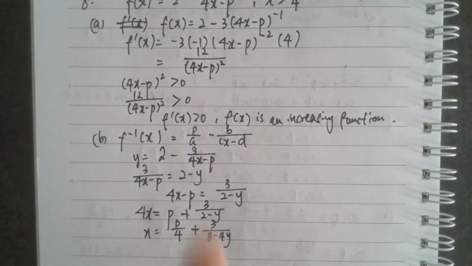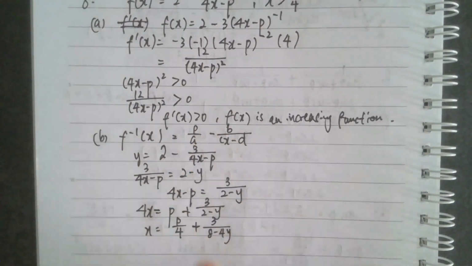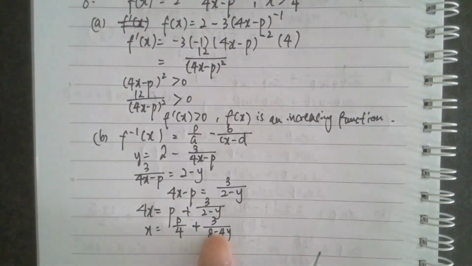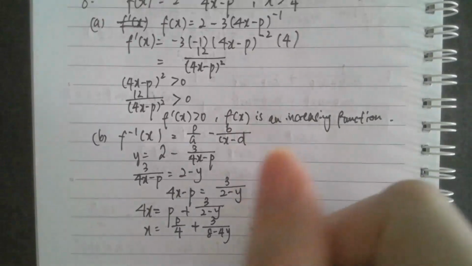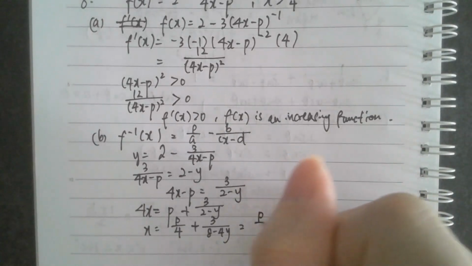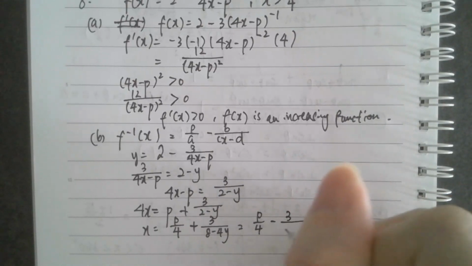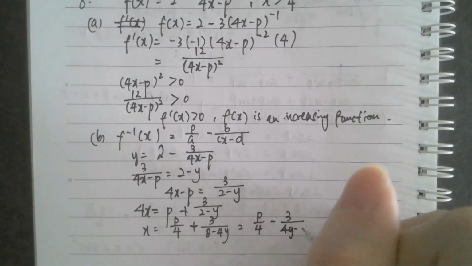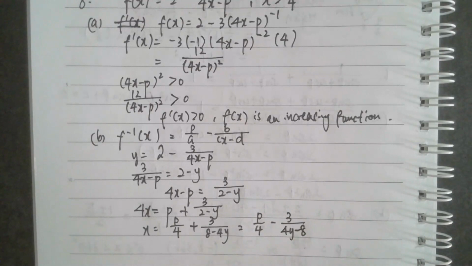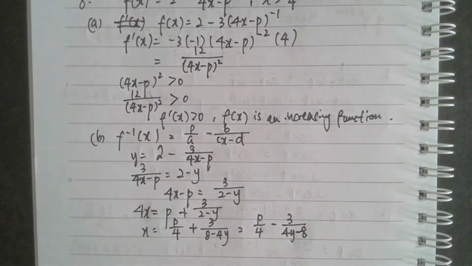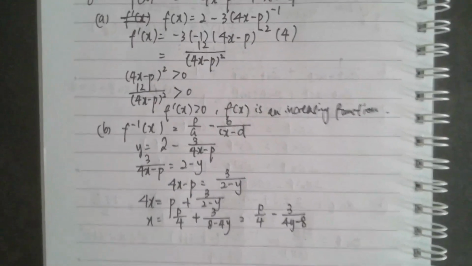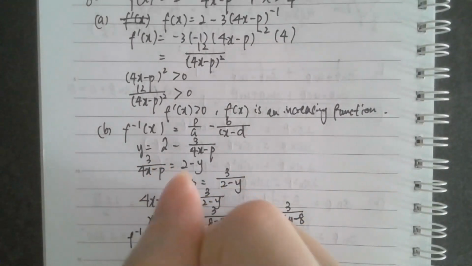Looking at the answer, there's a negative here and this is positive, so what I would do is I would draw out the negative from the denominator, and that becomes 4y subtract 8. This fits exactly what the question is asking, so therefore I can write down the answer.